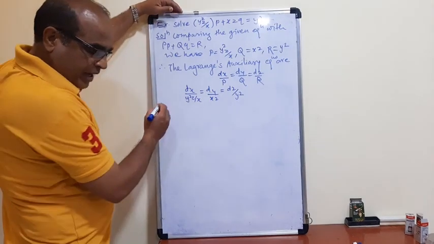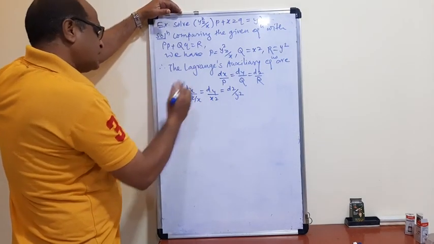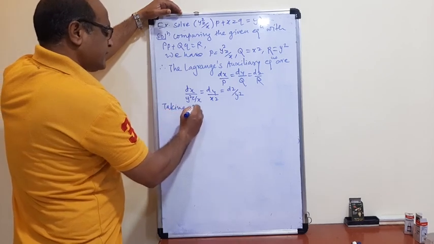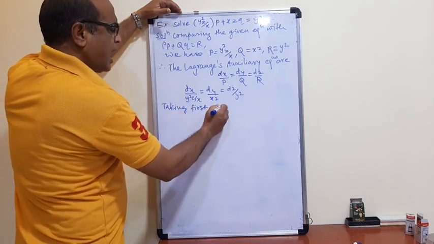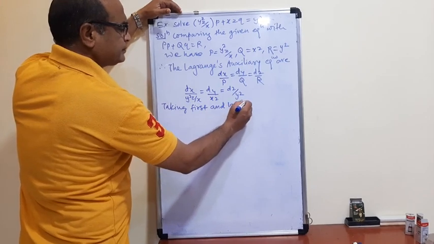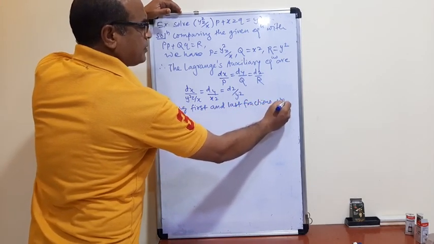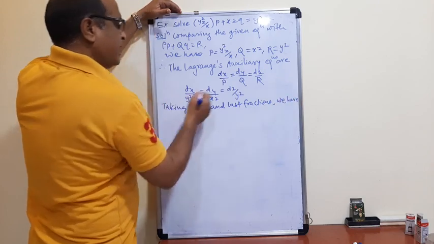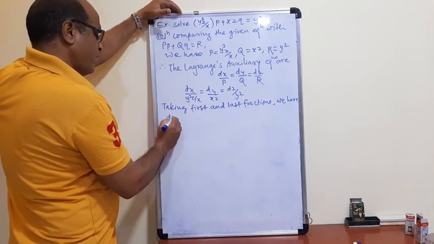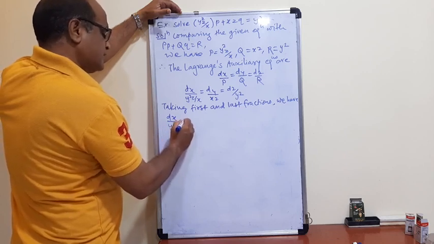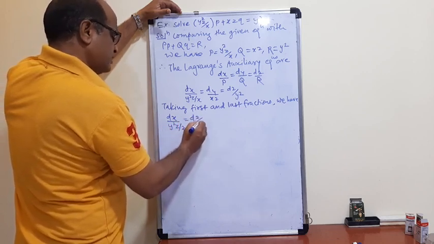So taking the first and last fraction, we have, what are the fractions here? That is dx upon y square z upon x is equal to dz upon y square.